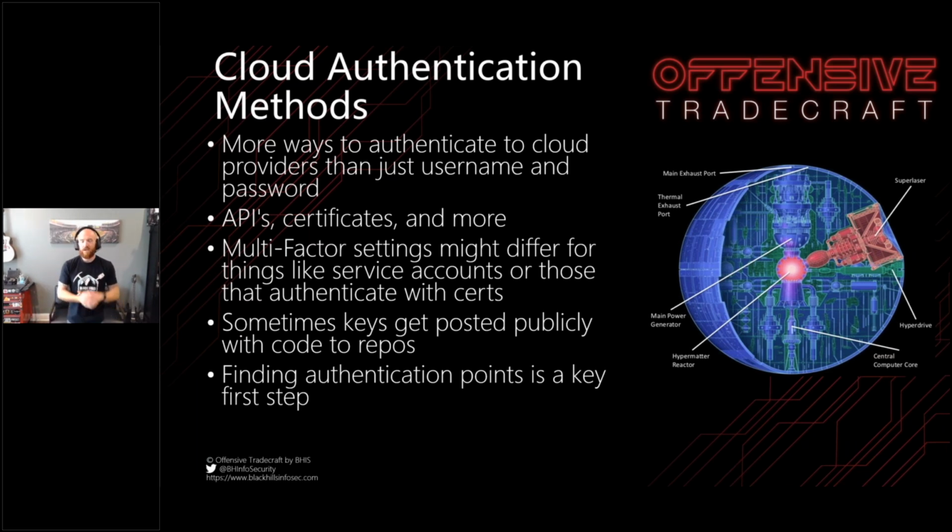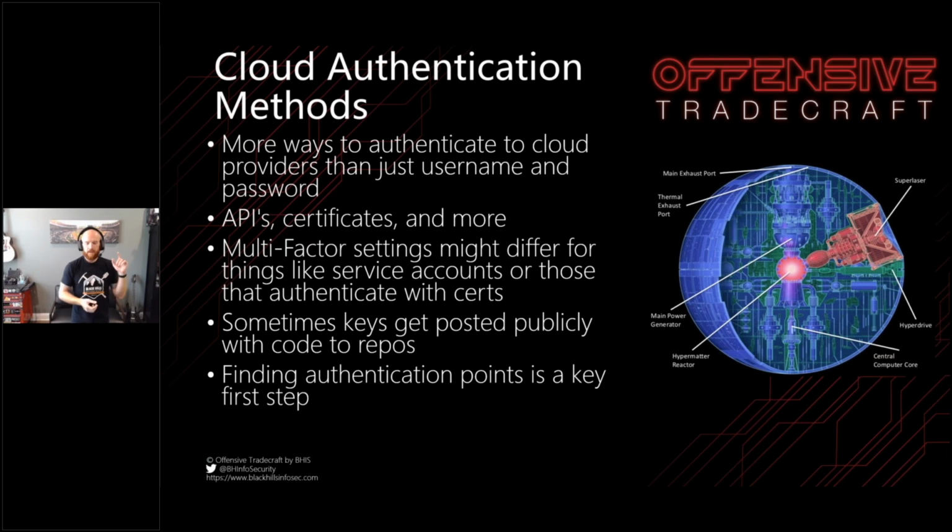So with on-prem attacks, if we're testing a general on-prem company, we're really focused on usernames and passwords for the most part. If we're external and we want to get access, we might do password spraying.